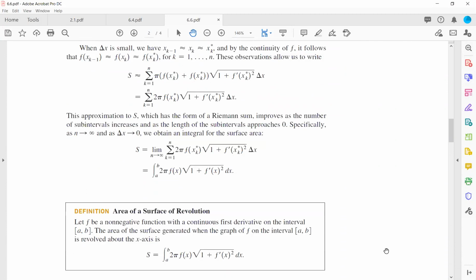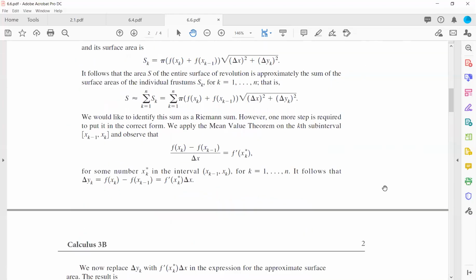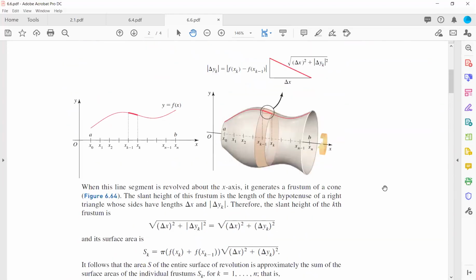The surface of revolution follows the formula: the integral from a to b of 2 pi times f times the length of your function. So this part gives you the length of your function. 2 pi times f is related to this part of your surface.